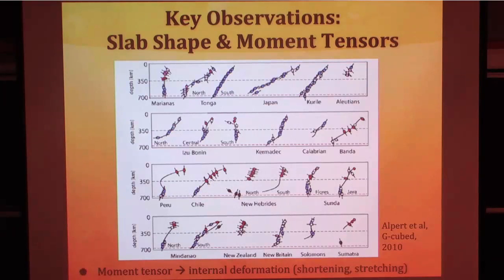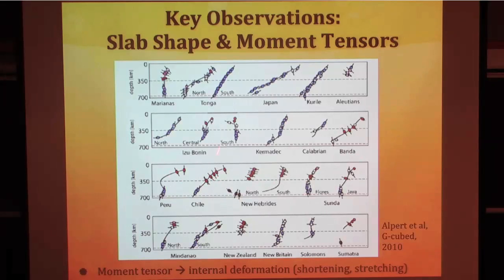And so what this figure summarizes is, for a bunch of different slabs, what their general shape is thought to be from the seismicity, in some places extrapolated where there's no seismicity. And then these dots are colored blue for where there's generally down dip compression, parallel to the dip of the slab, and red where there's generally down dip tension, I believe.